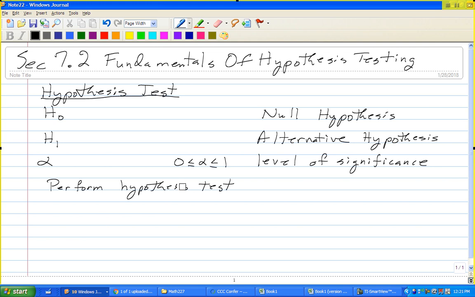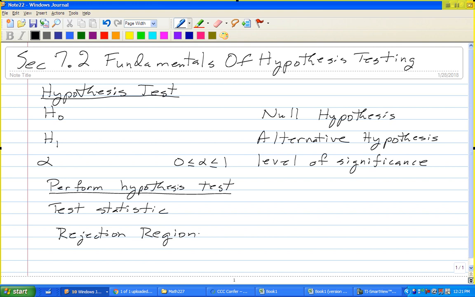When we perform this hypothesis test, we will collect data and compute a test statistic. Then we will check to see if this test statistic lies in some region, the rejection region, or if it does not lie in the rejection region.